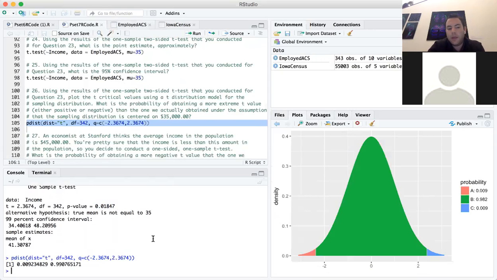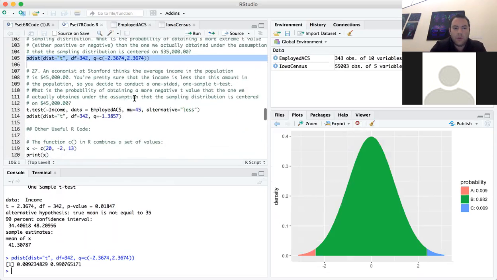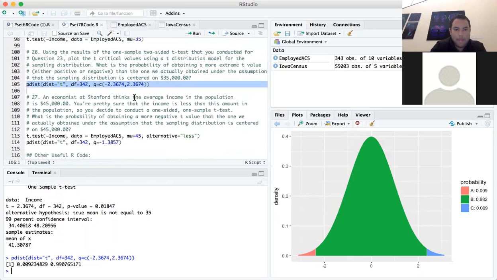And because we're dealing with a t-distribution with degrees of freedom equal to 342, we can find what the critical values of a 95% confidence interval would be in order to find whether we would reject or not reject our null hypothesis. So the way we can do that is by taking a look at the quantile function of a t-distribution with degrees of freedom equal to 342, and combining on each side.